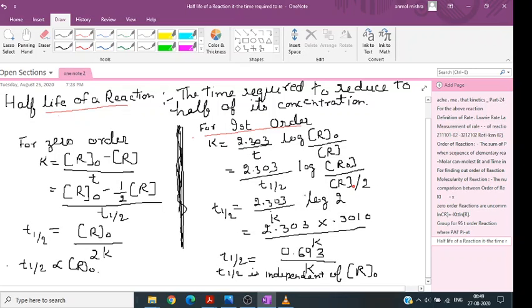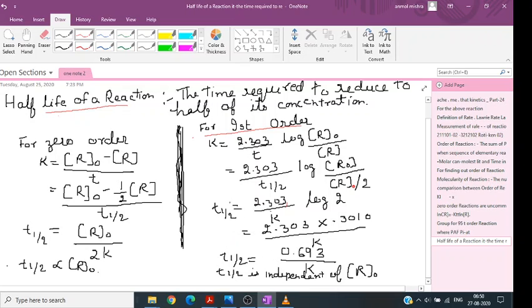So it will become t half is equal to 2.303 by k log 2. R0 will get cancelled, and the value of log 2 is 0.3010. When we multiply it, we get t half is equal to 0.693 by k.